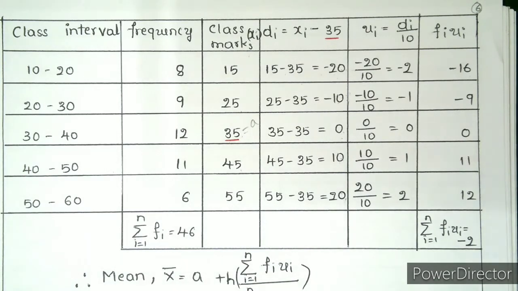The other methods have much higher values, like minus 3600. Adding these, minus 16 and minus 9 plus 0, 11, 12, you get minus 2.